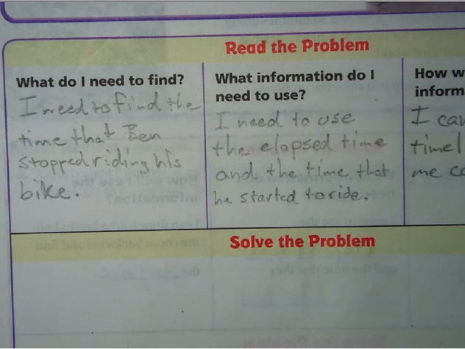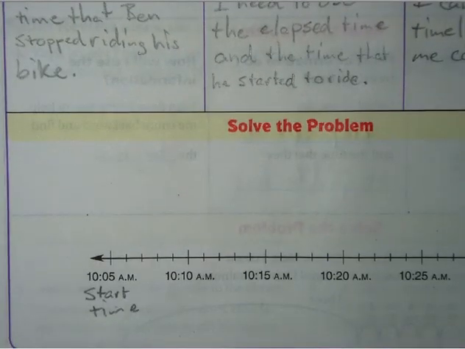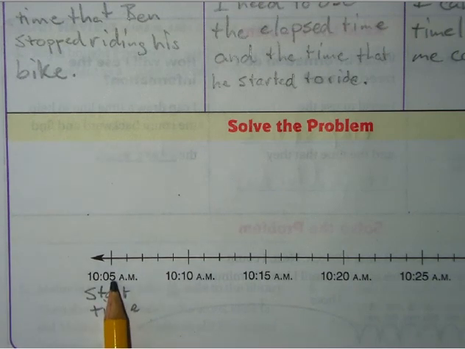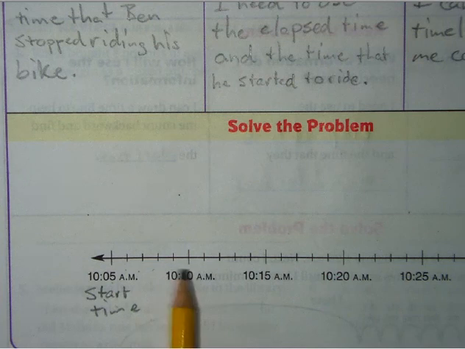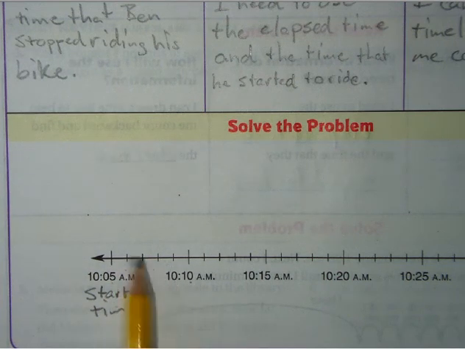That's the elapsed time. 23 minutes. So it looks like this is separated into increments of 1 minute, right? So 10:05, 10:06, 7, 8, 9, 10. Yes. So each jump would be 1 minute.